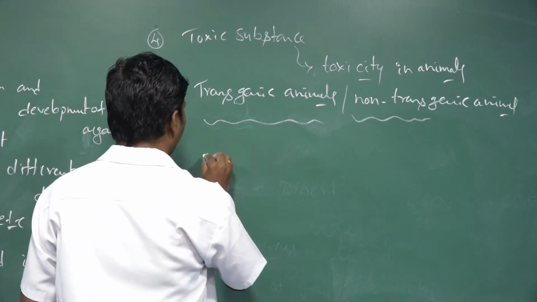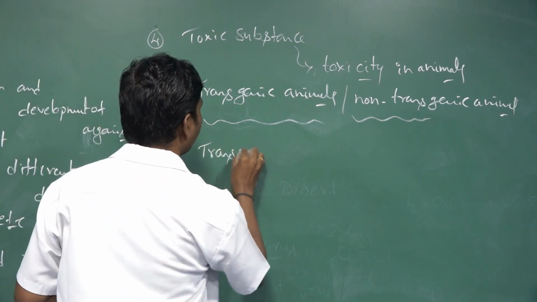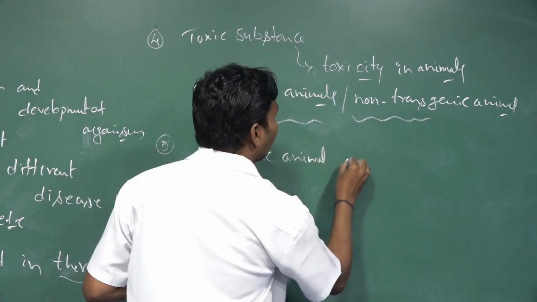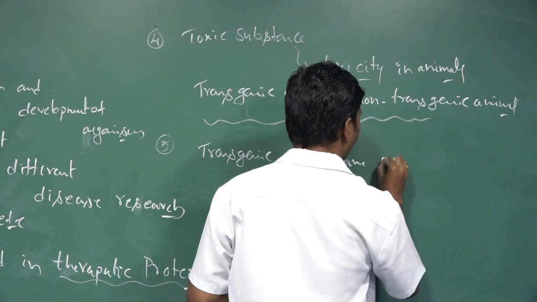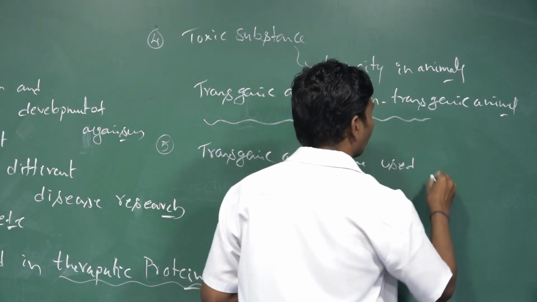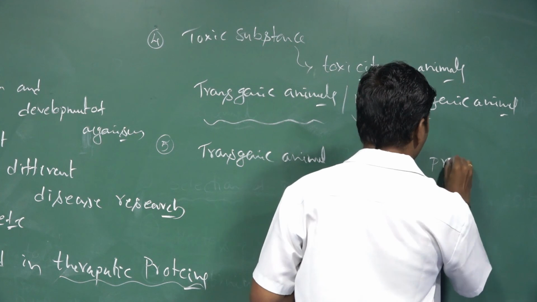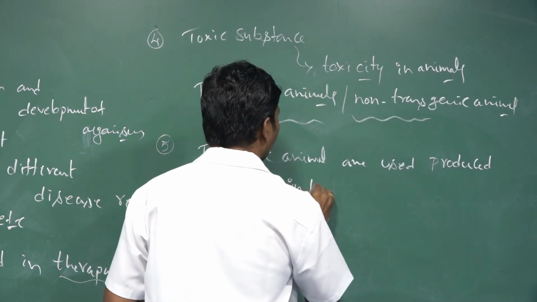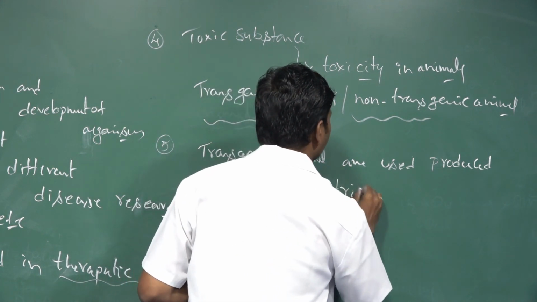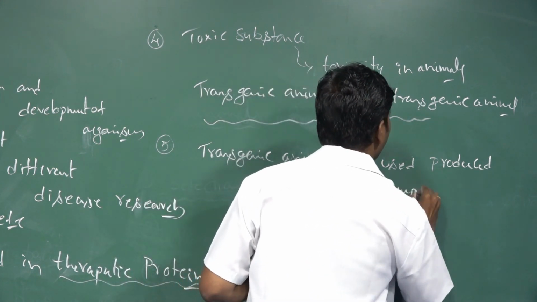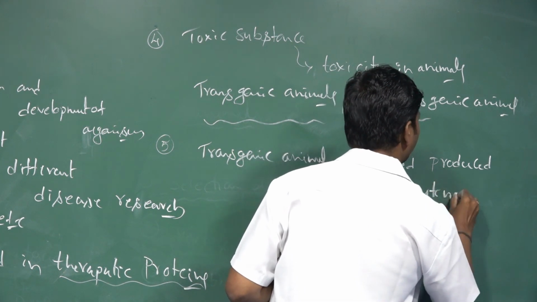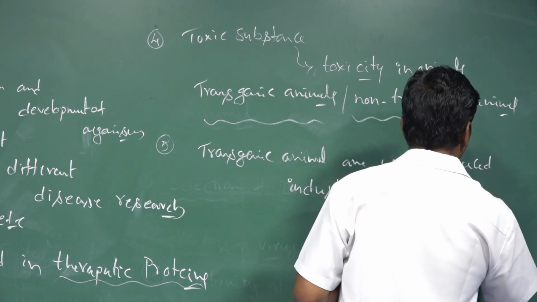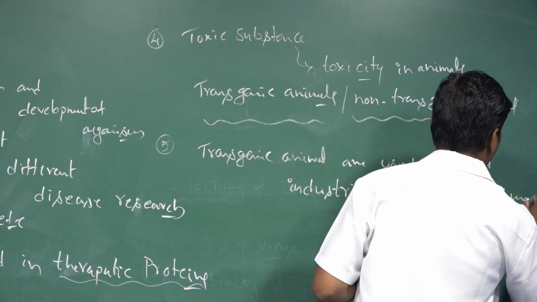And producing of industrial important products. Transgenic animals are used to produce food materials.